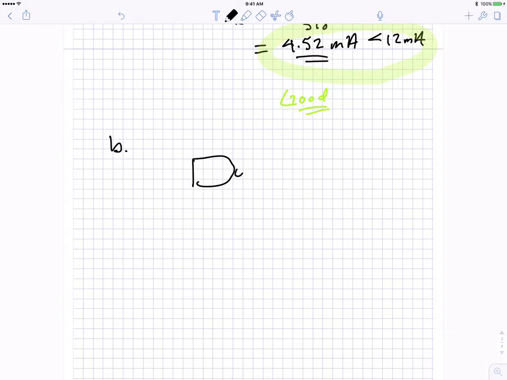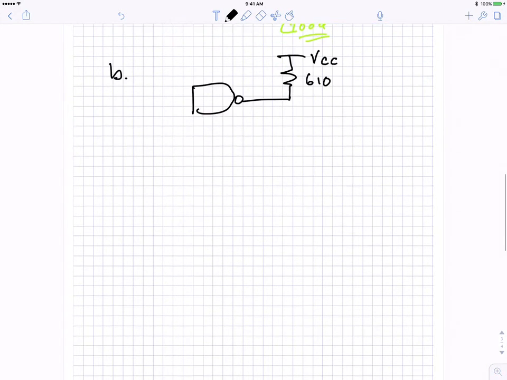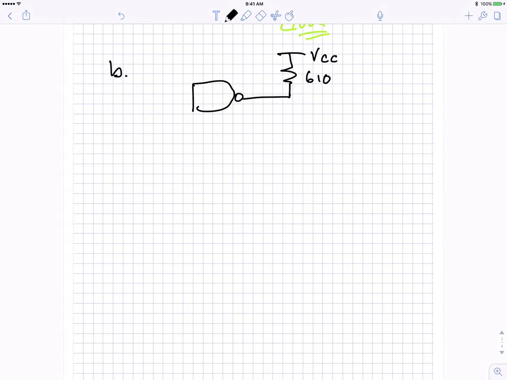We have the AND gate. Okay, so that's essentially a Thevenin equivalent circuit. I could redraw that as 610. Okay, it looks like before.